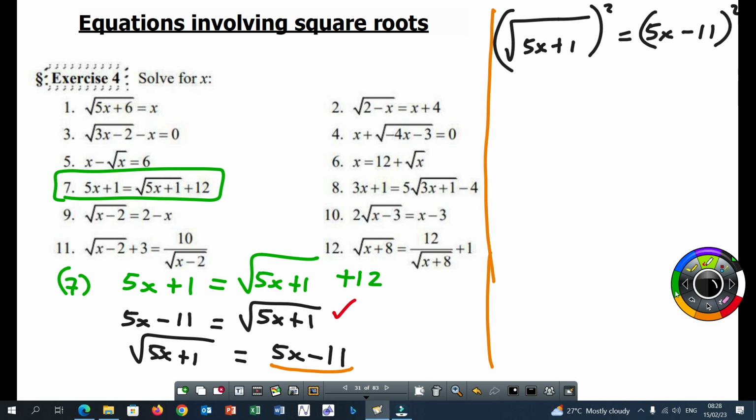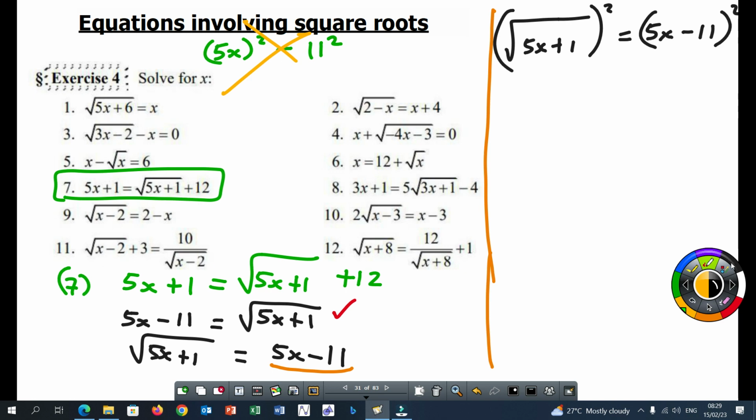You don't square it like this. Please, this is not allowed: 5x squared, then minus 11 squared. This is incorrect. If you have got a binomial on the right-hand side, you treat it as 1. So you put it in brackets, then you square it.